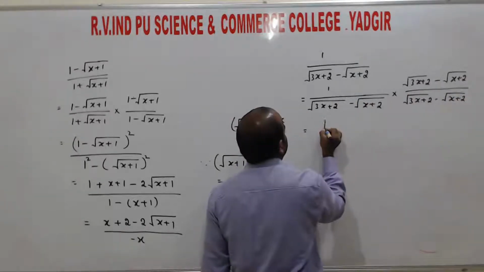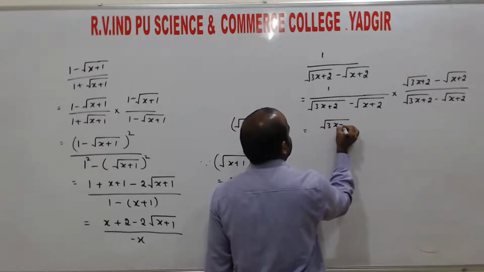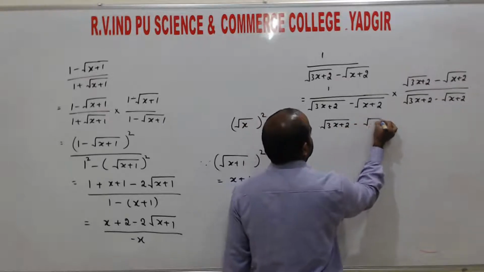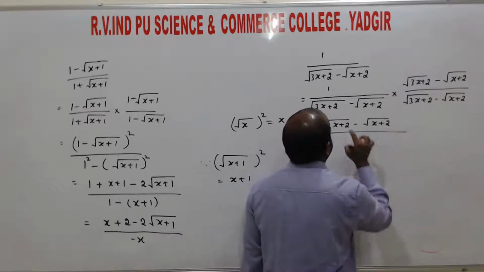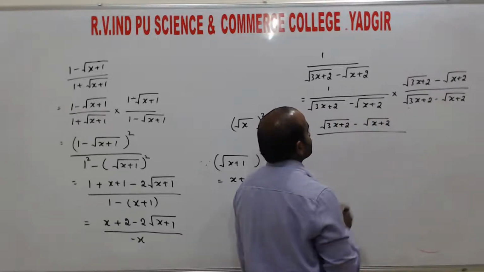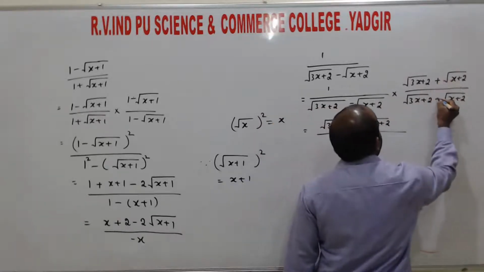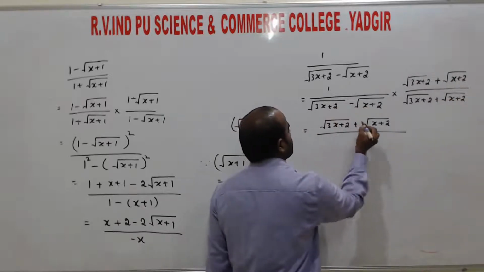Numerator: 1 into root of 3x plus 2 plus root of x plus 2, divided by a minus b into its conjugate, a plus b.